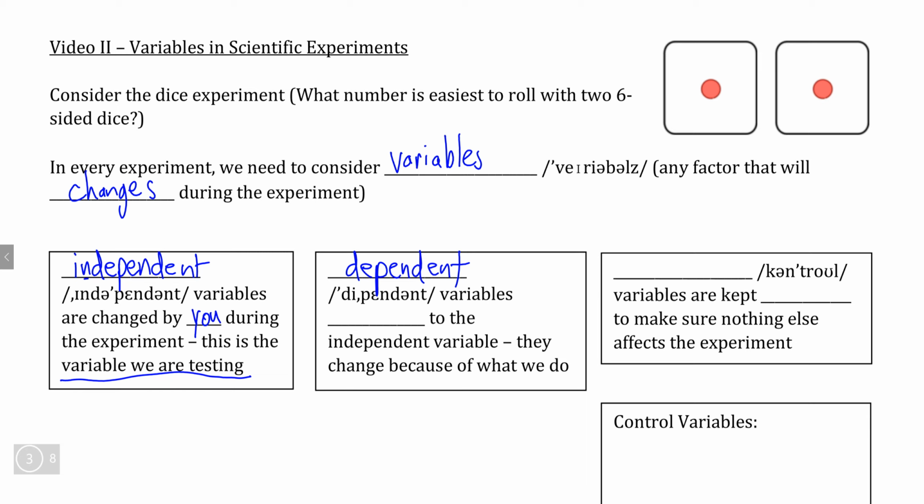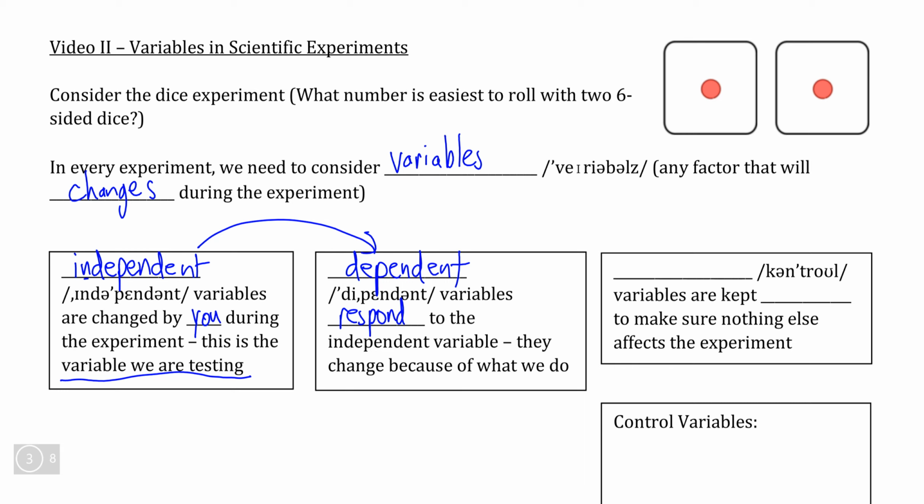Dependent variables do change, but we as the experimenter do not have any control over their change because dependent variables specifically respond to the changes in the independent variable. In other words, the results of the independent variable affect the dependent variable, and the relationship between how changing one changes the other is what we are looking for when we conduct scientific experiments.